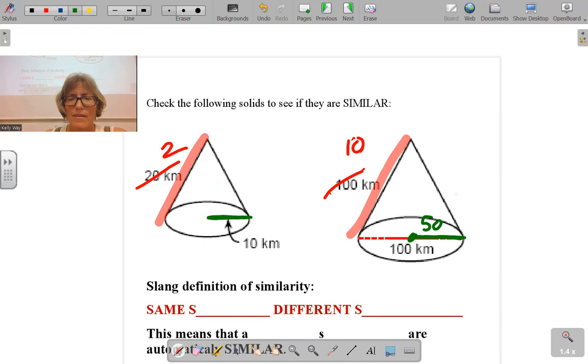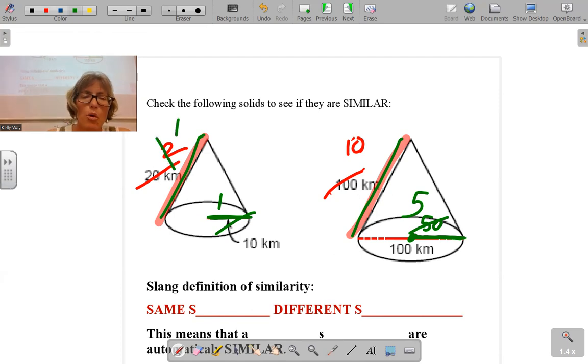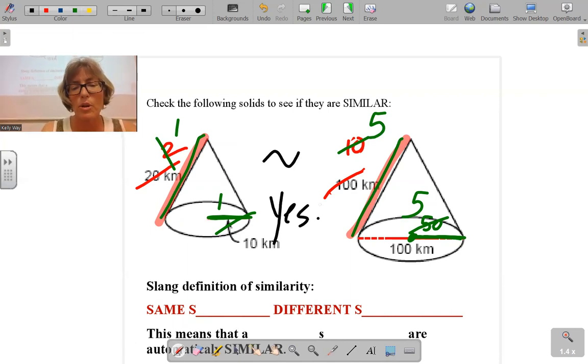So it'd be 1 to 5. So both of them are 1 to 5, as long as you pair them. So we would say, yes, they are similar.